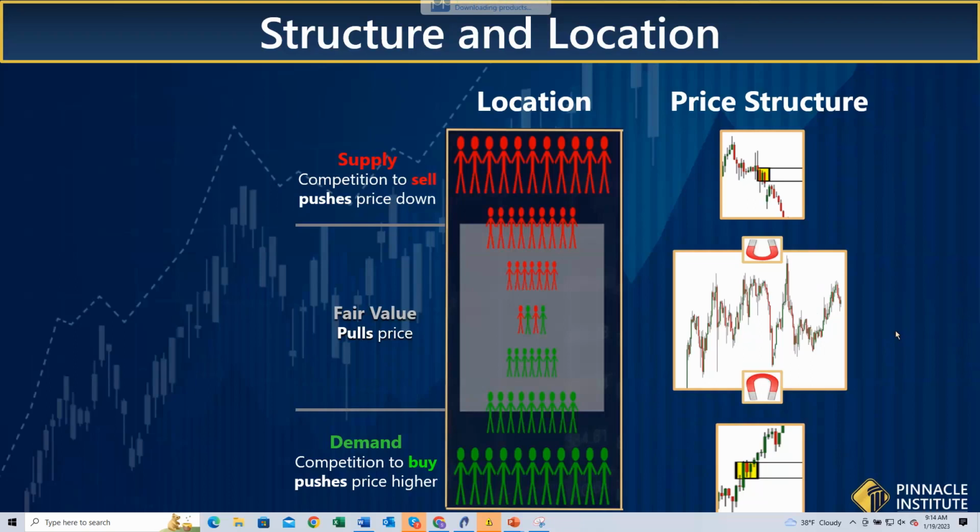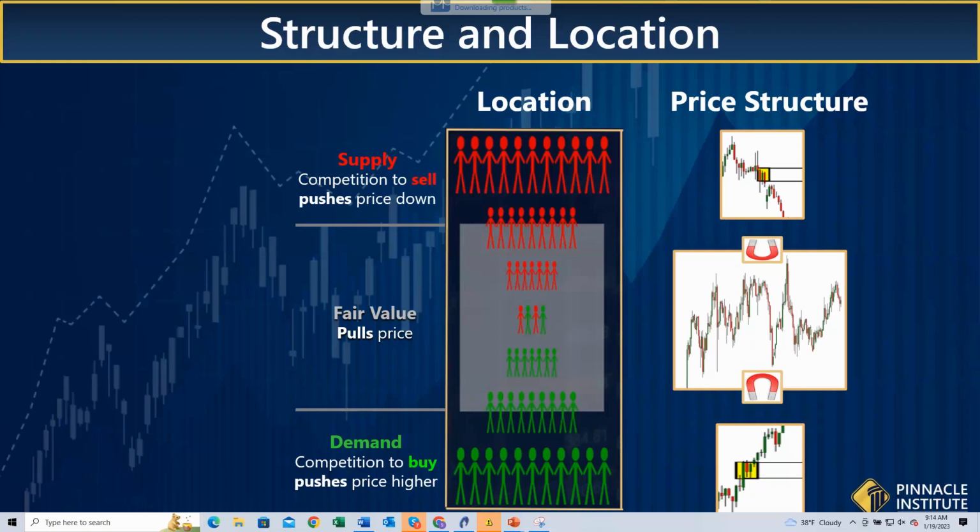But the number one reason, let me say it this way, the only reason why a supply or demand zone would not work is because there's not a large enough imbalance in that area for price to turn. Clearly, we know that.